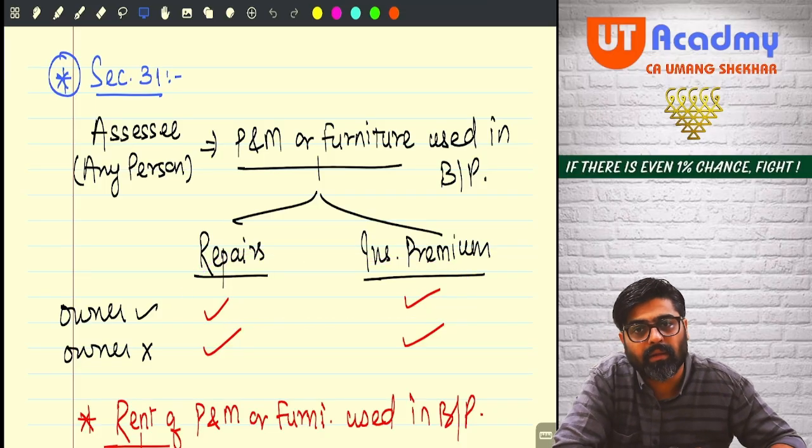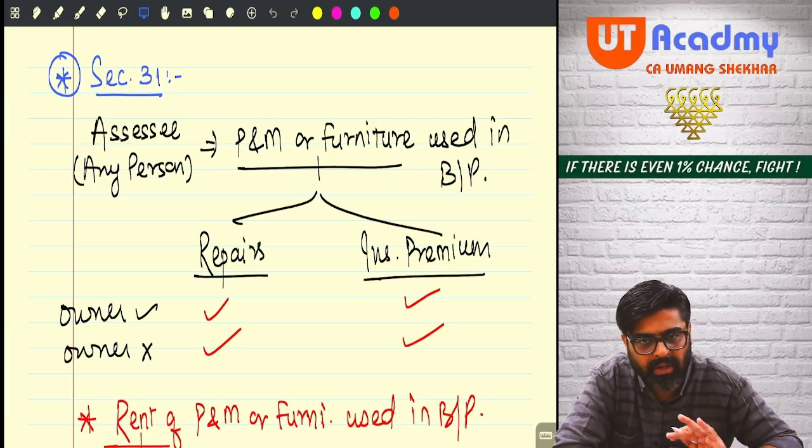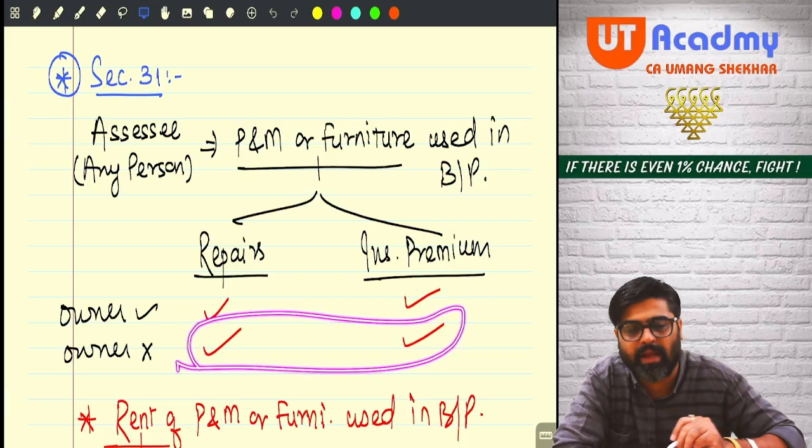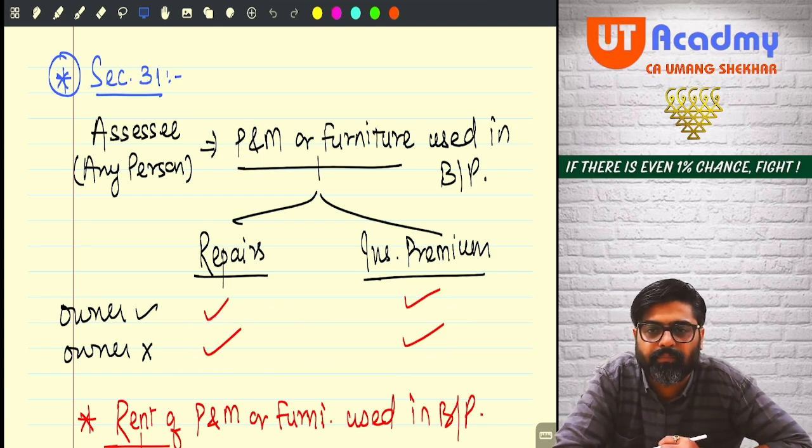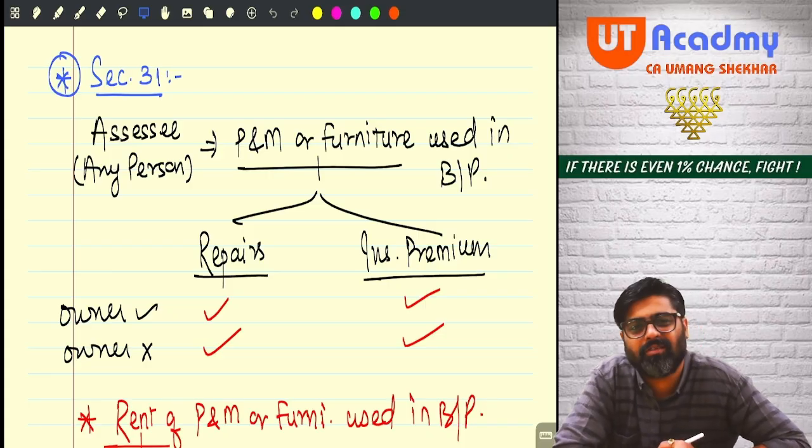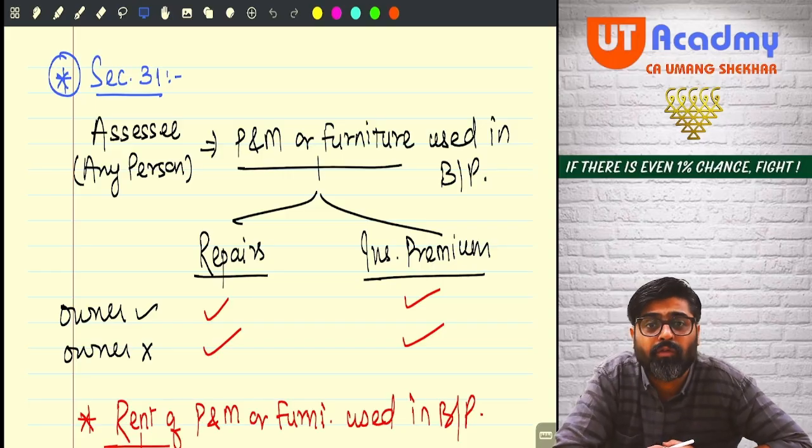You have taken the plant and machinery and furniture on rent, you are not the owner, still these 2 expenses can be claimed as a deduction by you. Yes or no? So the assessee can be the owner or may not be the owner of the plant and machinery or furniture which he is using for his own business or profession.